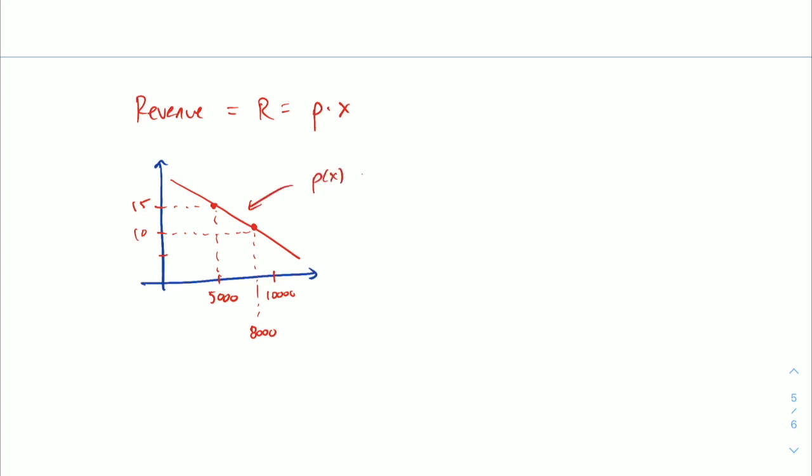And we're going to use the point slope form of a line to figure out this price curve. So we'll use the point 5,000, 15. So when the price is 15, X is 5,000. And the slope is -5. It goes down 5 when we go over 3,000.